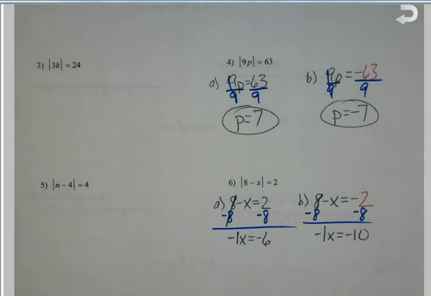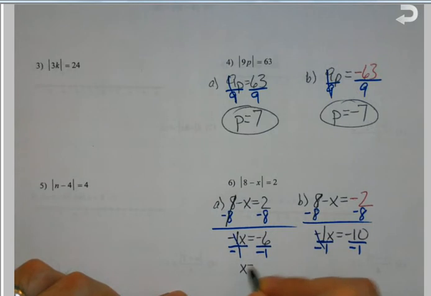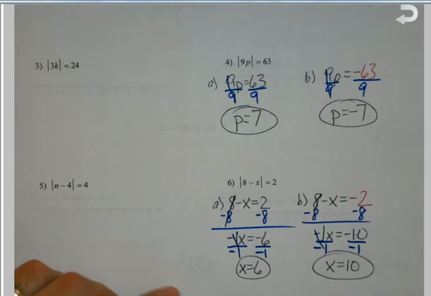Because now x isn't quite by itself yet, and I'm not adding a negative 1, or subtracting, I'm multiplying a negative 1 times x. So to undo a multiply, I'm going to divide. And then I just got to make sure my signs are right. Negative divided by a negative is a positive. Same thing over here. And I get my two answers, and I go on to the next one.